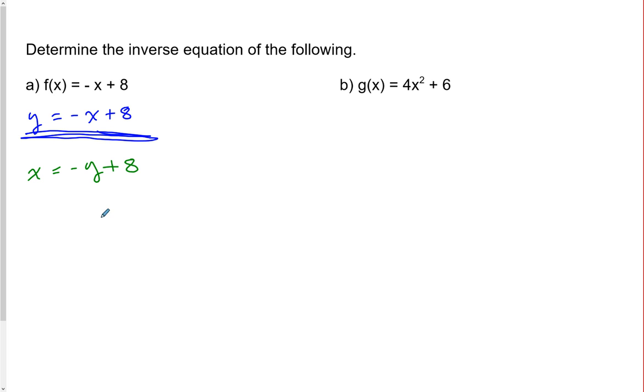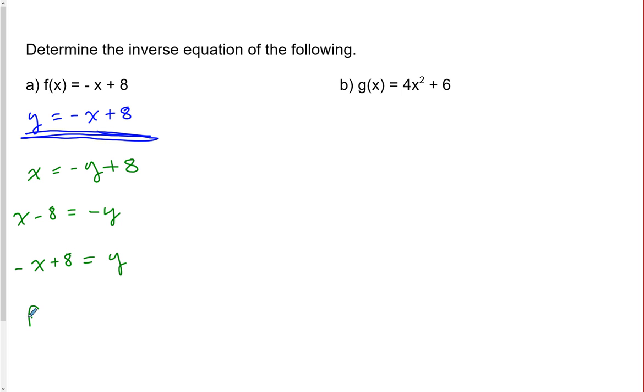So first of all, let's subtract 8 from both sides. And now let's divide both sides by negative 1. There. Okay. So this is our inverse function.